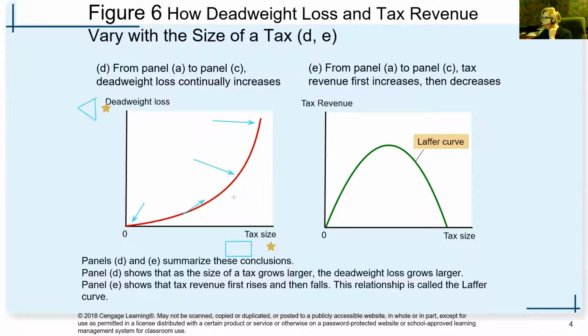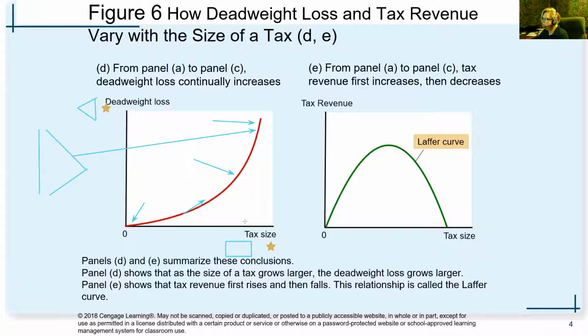So we've seen this before. And as that tax grows, this deadweight loss triangle over here is getting larger and larger and larger, to where perhaps over here, this could easily be representative of this portion of the tax size.